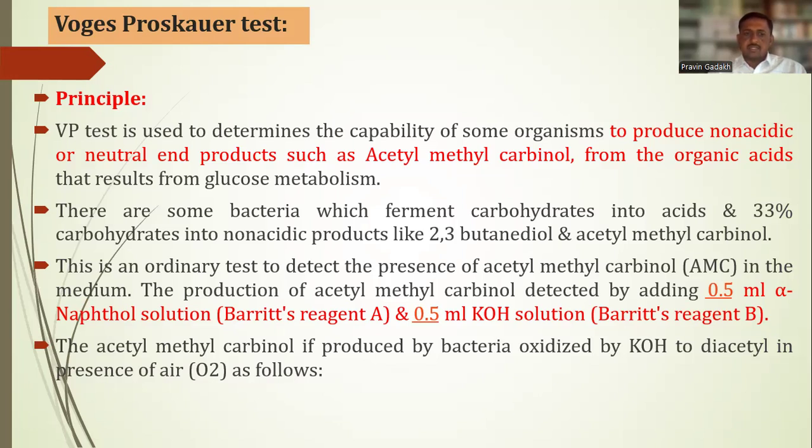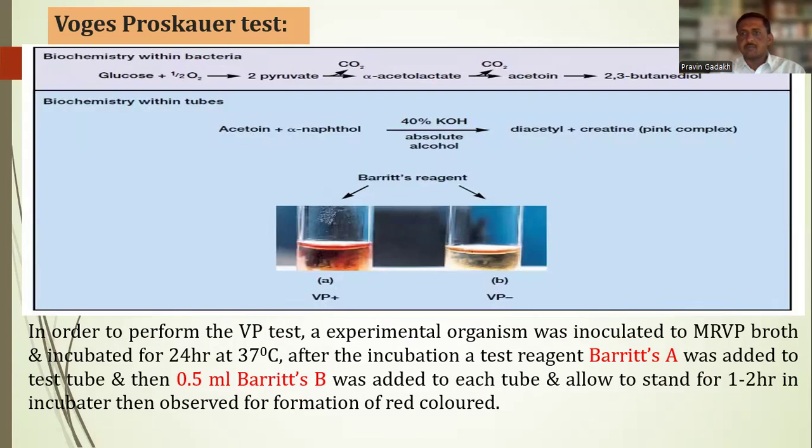The acetyl methyl carbinol, if produced by the bacteria, is oxidized by the KOH to diacetyl in the presence of air, and that reaction can be visualized by the formation of a coffee red color. In the diagram, we can see the mechanism behind this test. If the media contain glucose, then after metabolism by the organism and incubation, we add Barritt's reagent to the media.